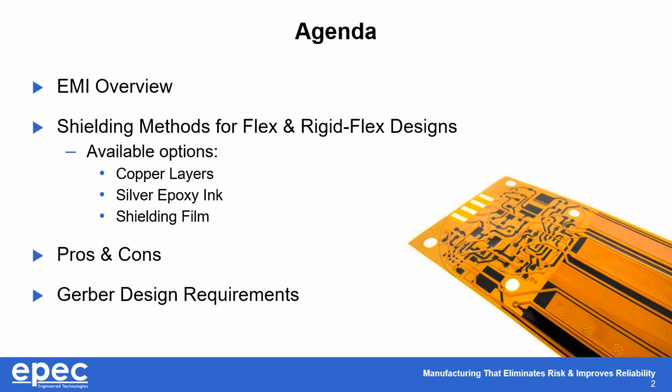So we're going to talk about the three main shielding options that are available: utilizing copper layers, utilizing silver epoxy inks, and utilizing specialized EMI shielding films. We're going to go through all of those and discuss what they are. We'll then go through the pros and cons of each of the three different methodologies. And then we're going to finish off with how those methodologies are applied or implemented at the Gerber design stage.